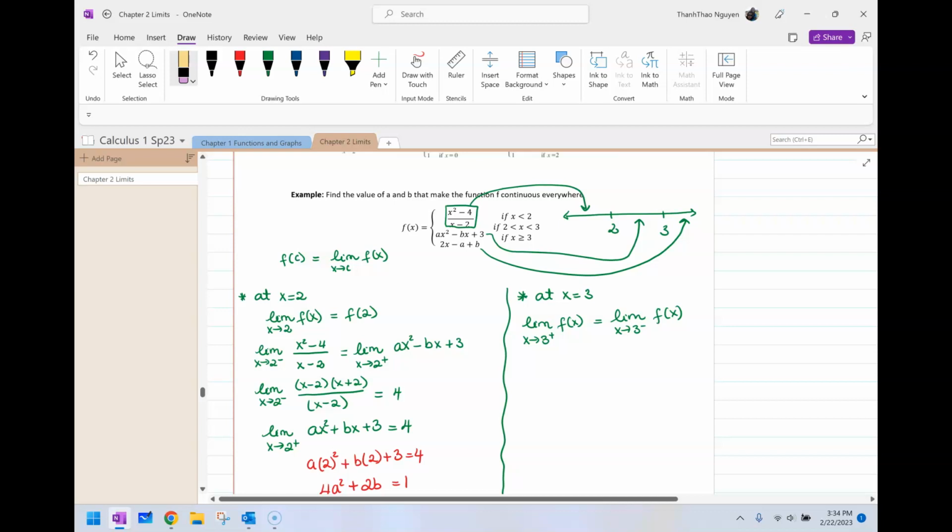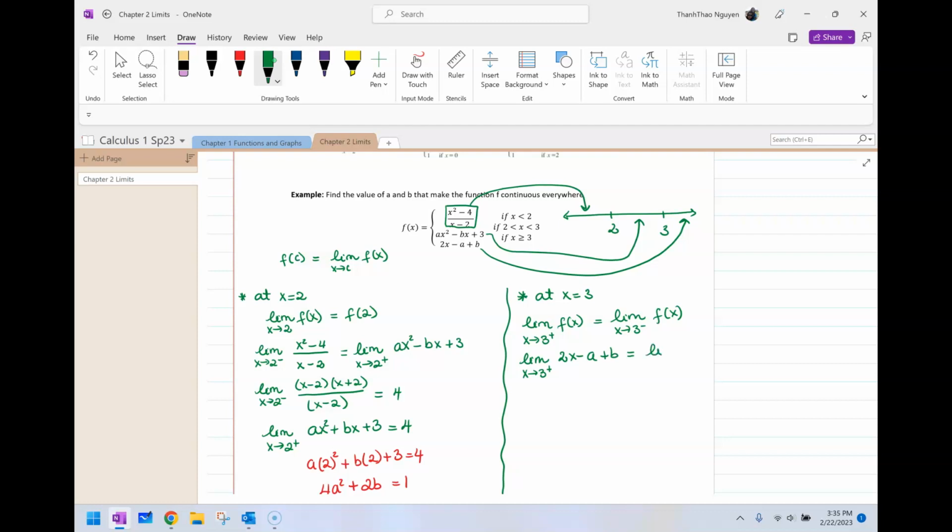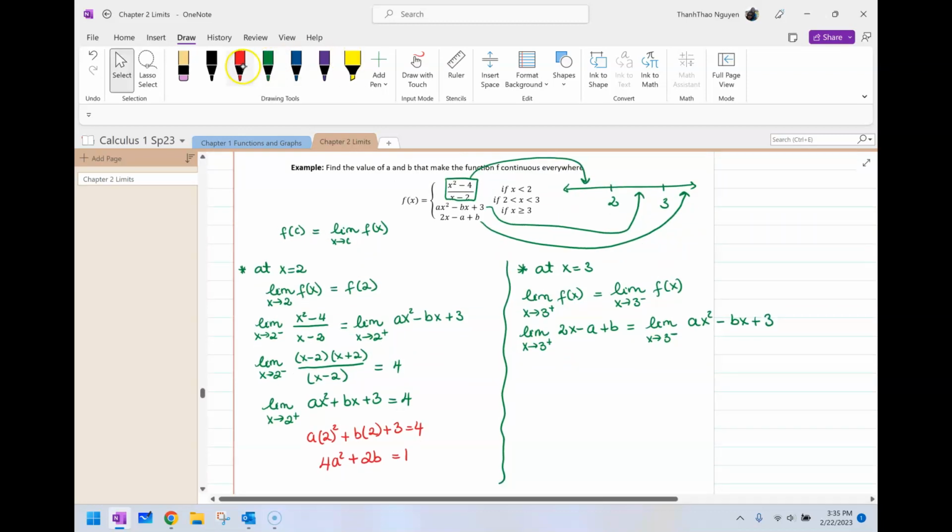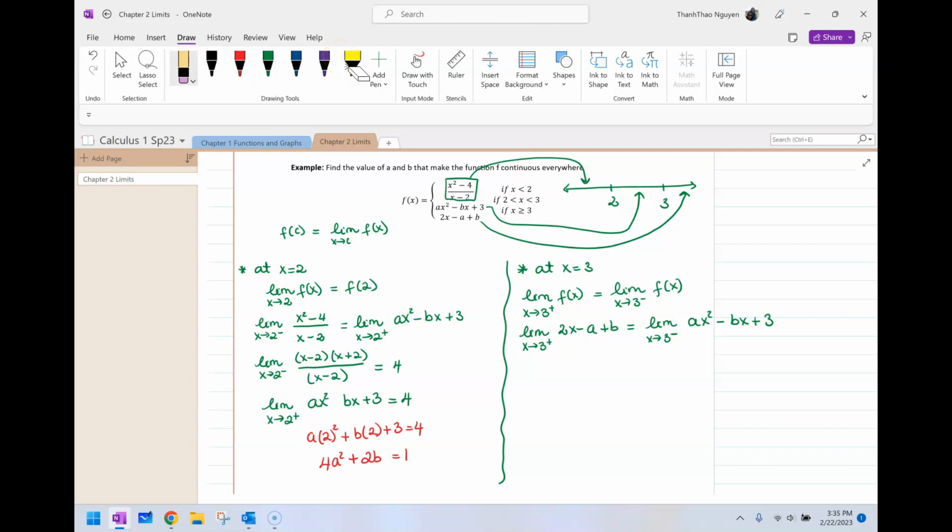From the right, we have 2x minus a plus b, and we want that equal to the limit from the left, which is ax squared minus bx plus 3. This here needs to be a negative. Let's fix that.